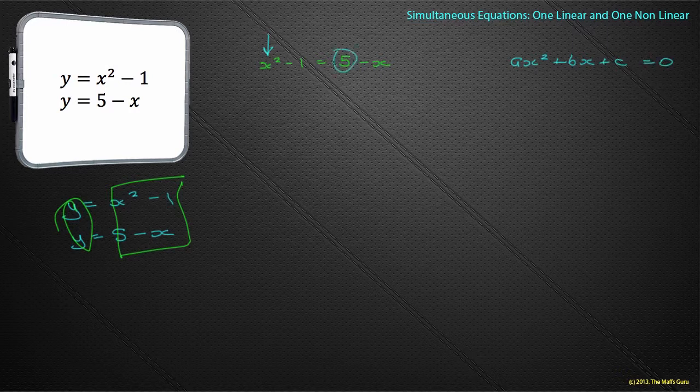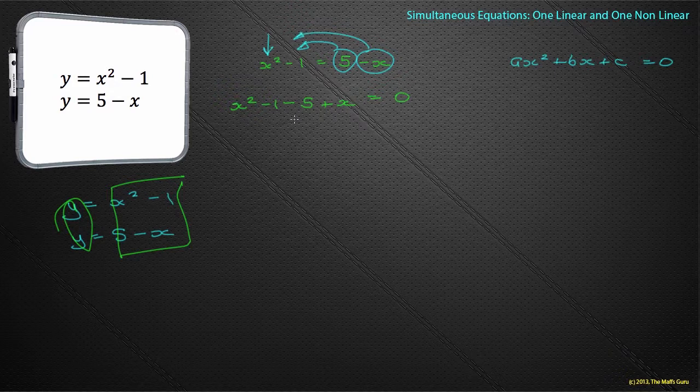Which means that plus 5 has got to move over here, and the minus x has also got to move over there as well. Well, what does that give us? The x squared minus 1 were already there, so we'll just move them to the front. A positive 5 over there becomes a negative 5, and a negative x becomes a positive x, and lo and behold, it becomes equal to 0.